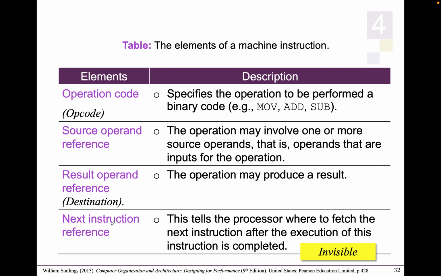Okay, this table you normally find in your chapter 1, module 1, the elements of a machine instruction. So here you have the operation code. Sometimes we just say opcode.